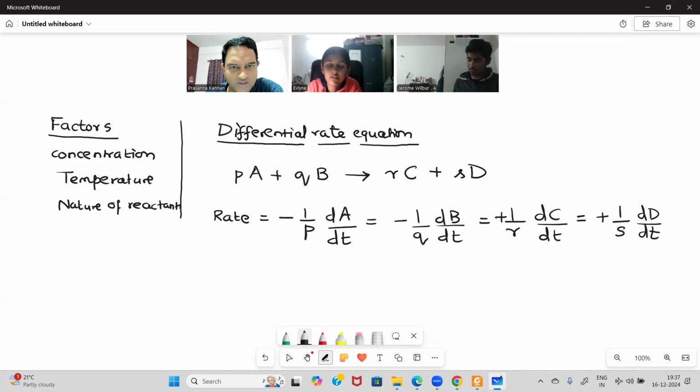Correct? Any doubts, Evelyn, at this point? No, sir. Now, the graph for the same we have seen, right? So let's say this is time and this is going to be the concentration of the reactant.